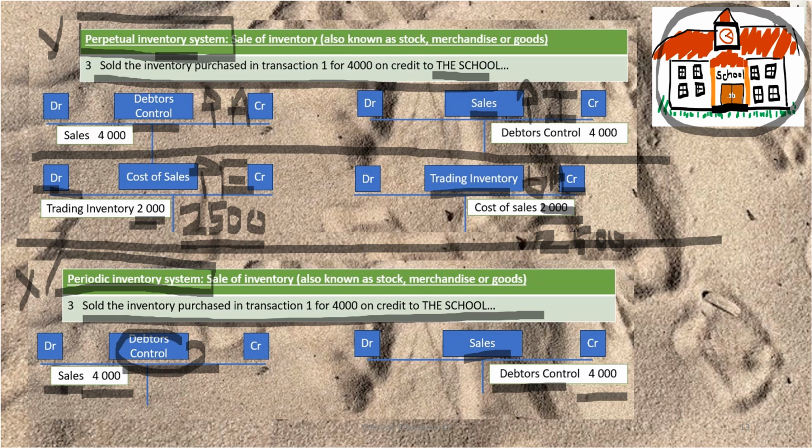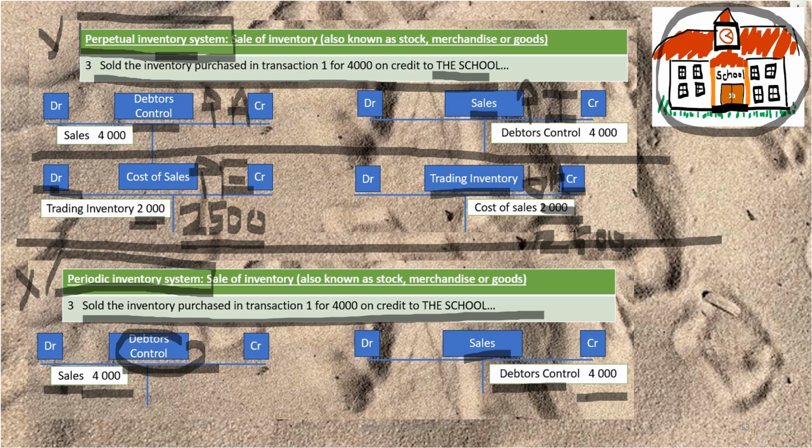I will do a video on the calculation of cost of sales in a perpetual inventory system. But for now, I'm just introducing the major differences between the perpetual inventory system and the periodic inventory system.